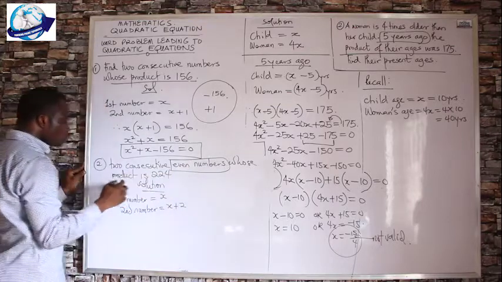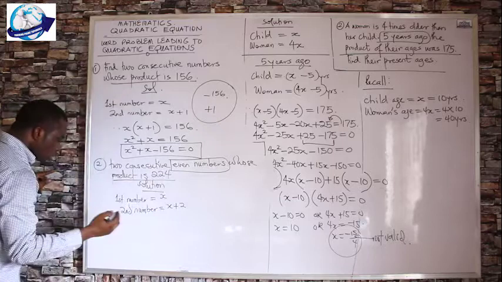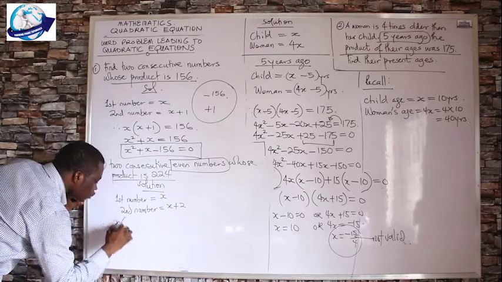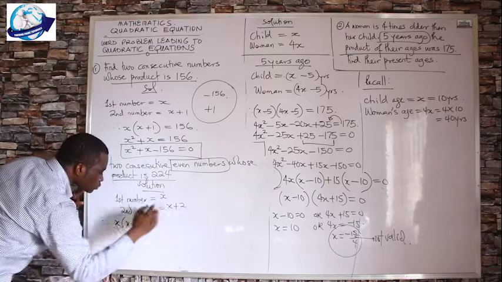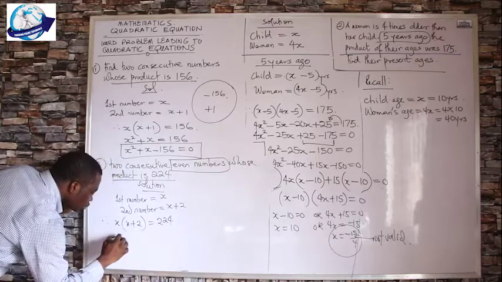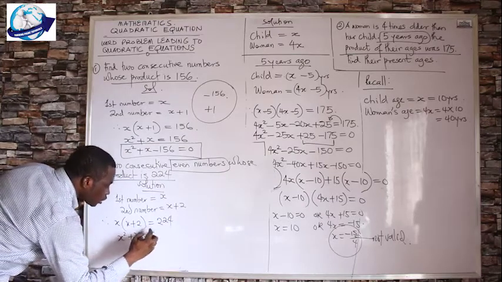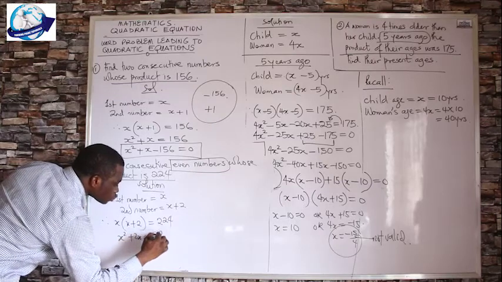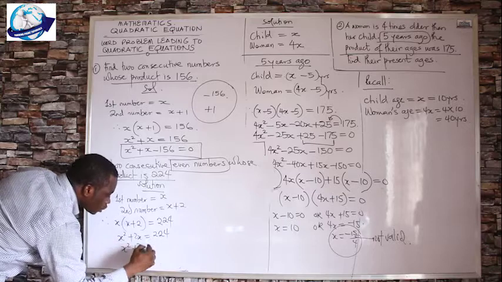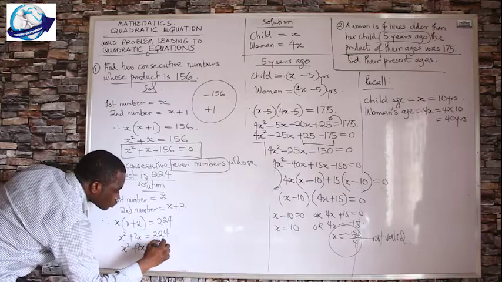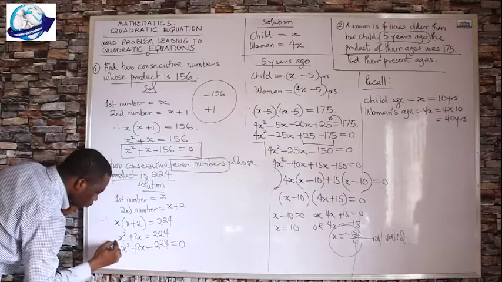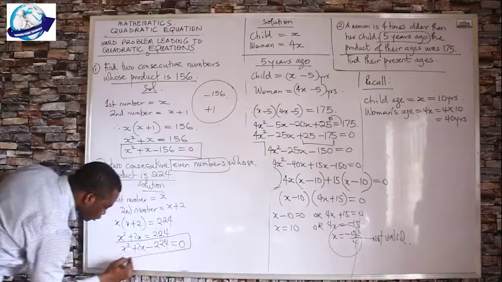They said whose product, so they multiply to give you this. So you go again: x into bracket x plus 2 equal to 224. Expand. You have x squared plus 2x equal to 224. Collect like terms, you have x squared plus 2x minus 224 equals 0. This is another stage for you.